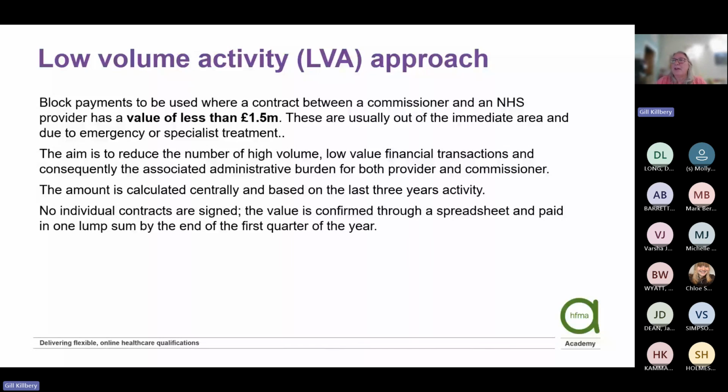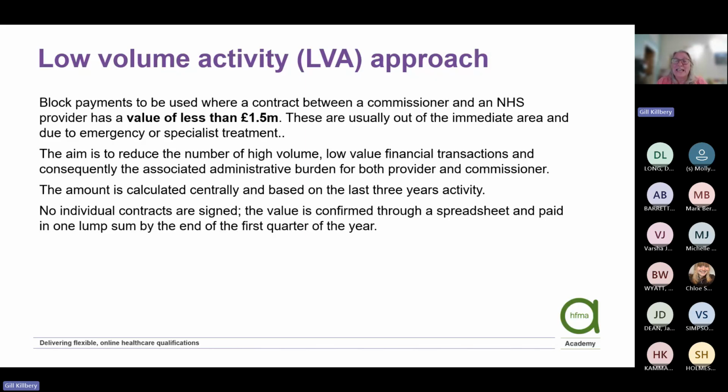So each ICB will have a spreadsheet with all its LVAs on, nationally given values, and it pays them once a year, one total amount. That covers, to a lot of extent, all those small contracts where people go off on holiday and something happens to them as an emergency. Those tend to be the sort of contracts that are less than 1.5 million for an ICB.